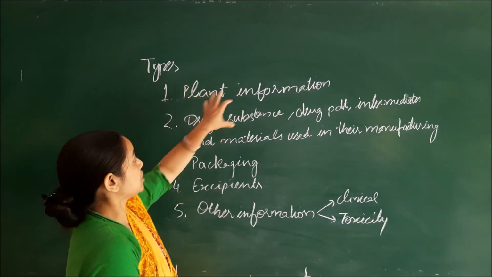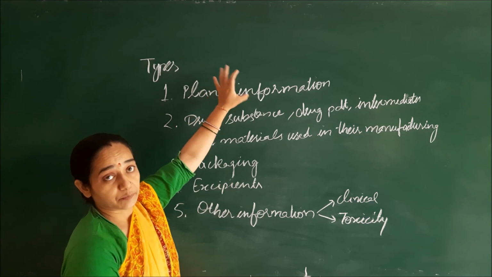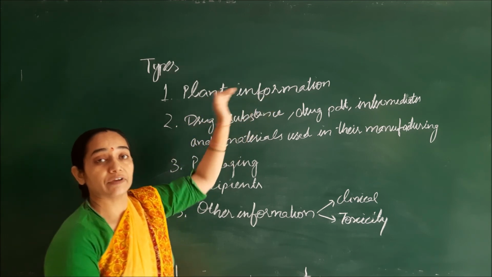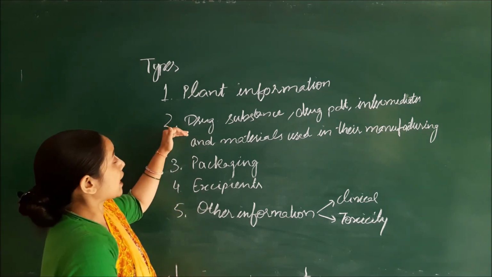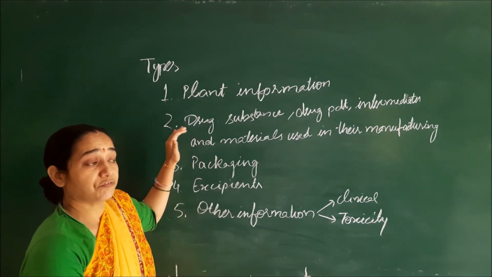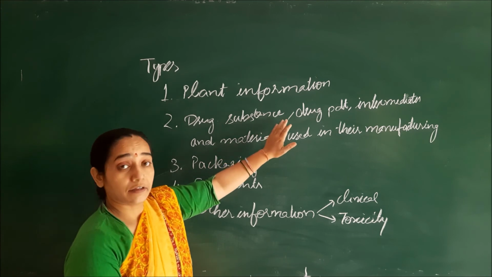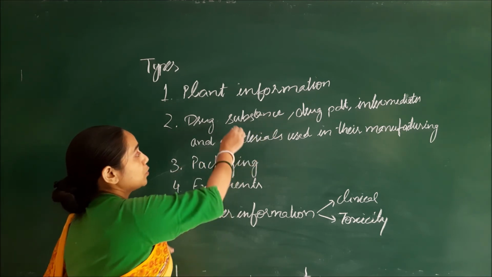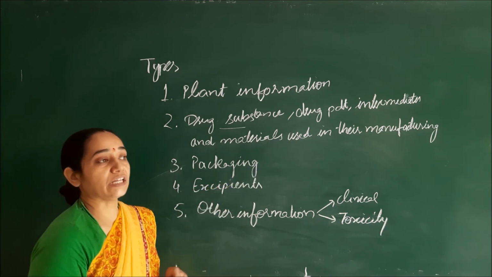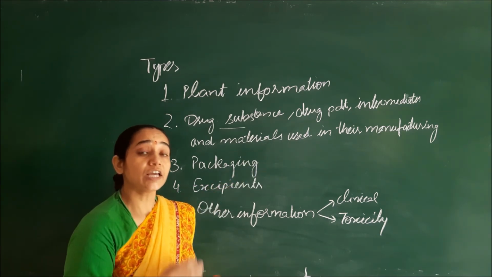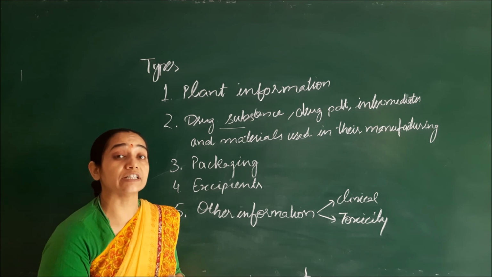All this information will be there in type 1, meaning plant information will be available in DMF type 1. If we go to type 2, then DMF type 2 will contain the information about the drug substance, drug product, and intermediates, meaning what are the different intermediates that will be formed and what are the different steps.